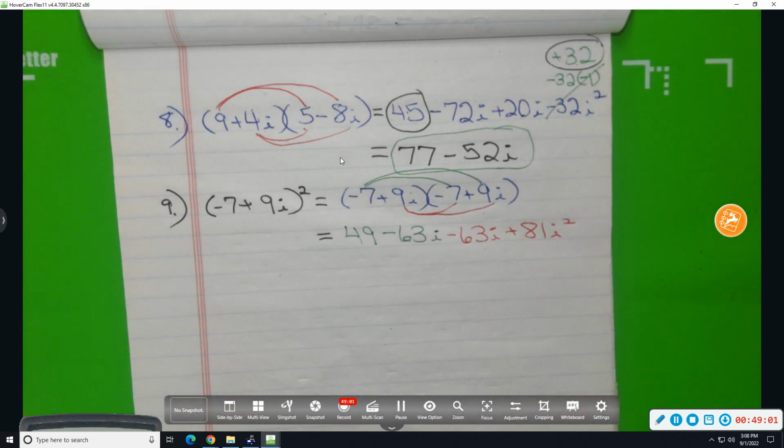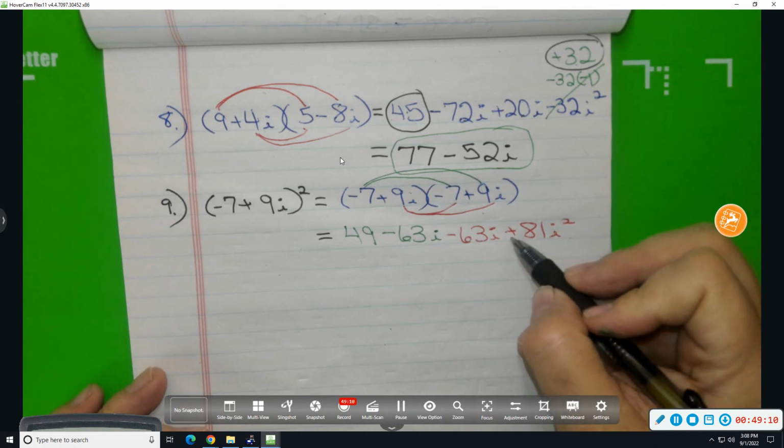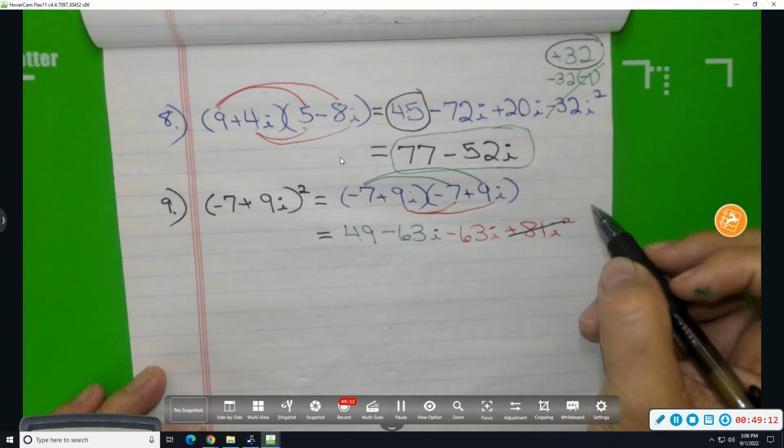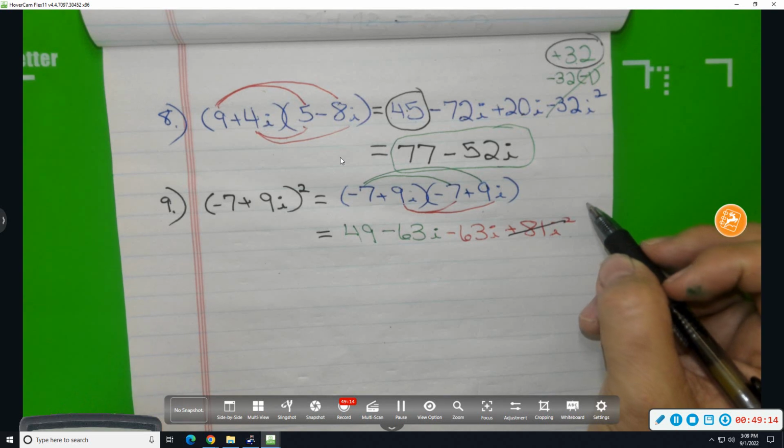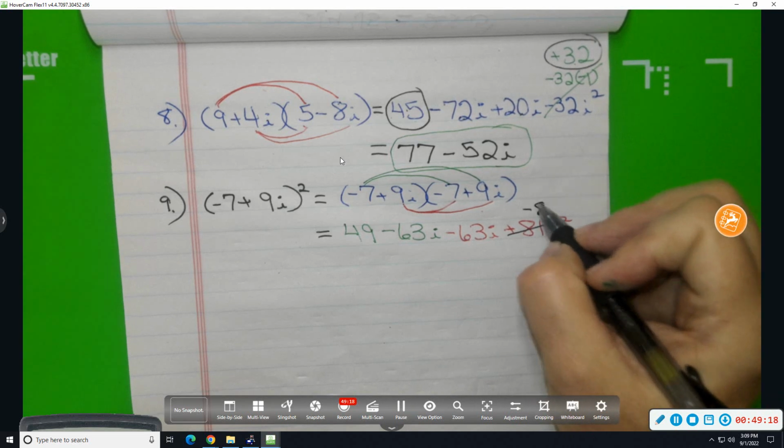Okay, and let's take care of that i squared immediately. Positive 81 times a negative 1. This last term is becoming a negative 81. That's right.